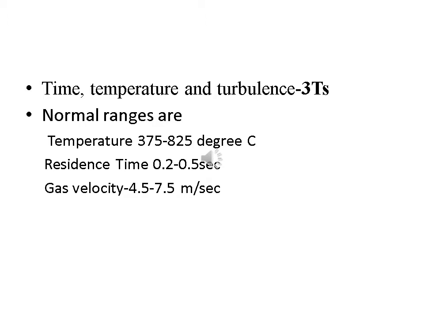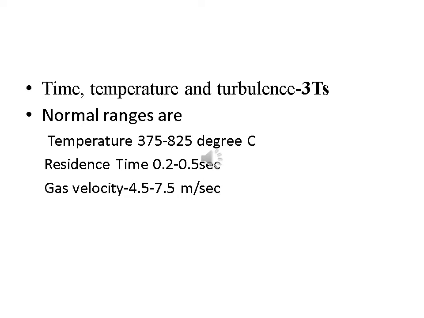Turbulence and temperature are also very important, and a sufficiently long residence time should be there. So temperature, time, and turbulence play a predominant role in the combustion reaction, and so they are called the 3Ts of combustion.